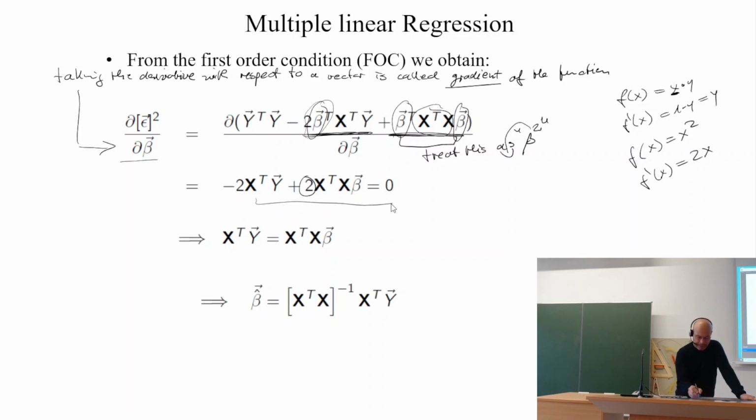Then we put this on the other side, dividing both sides by 2, and then we end up at this equation here. And we are interested in these betas, so we need a condition for our beta.